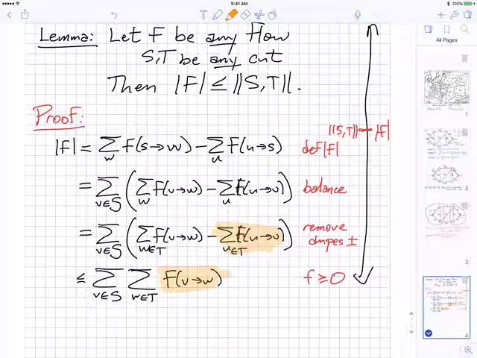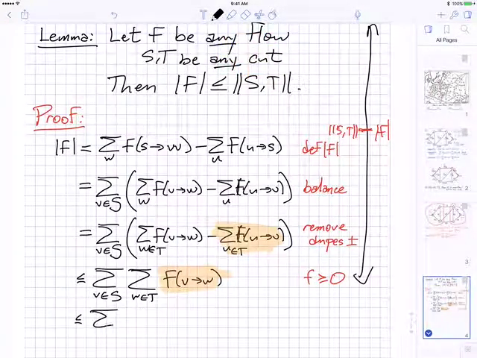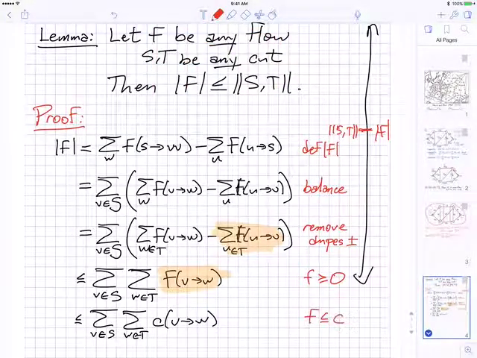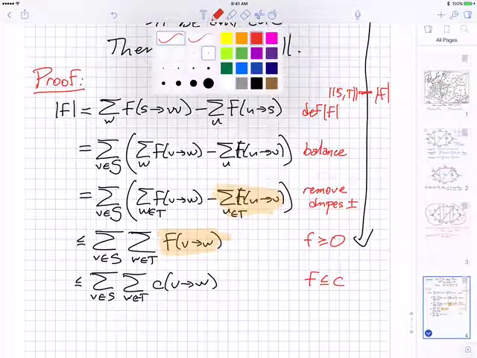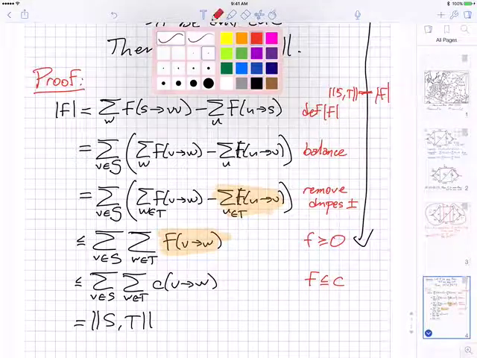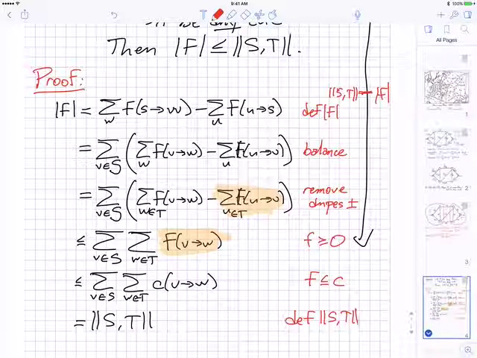It's the other half of the capacity constraints: sum over v in S, sum over w in T of the capacity of the edge from v to w. And this happens because flow is less than capacity. But this last expression is equal to the capacity of the cut from S to T, because that's the definition. Definition, add some zeros, subtract some zeros. Definition, must be positive. Definition, must be less than capacity. Definition.